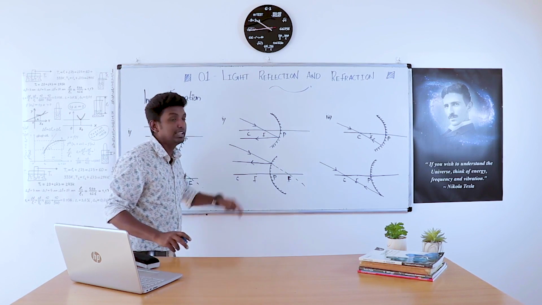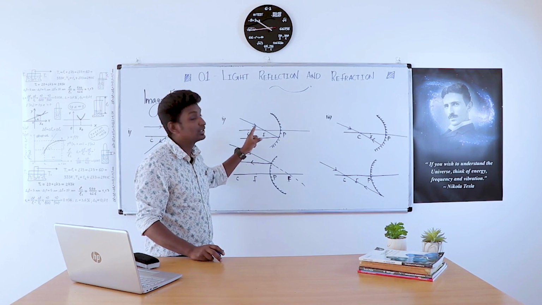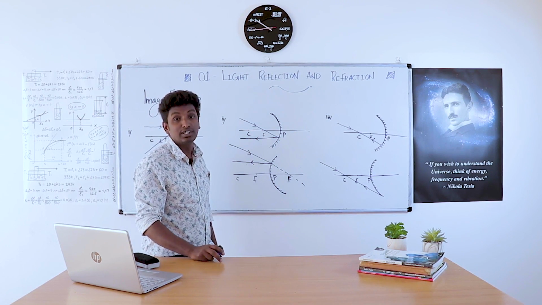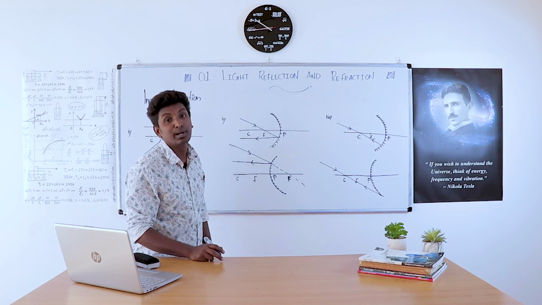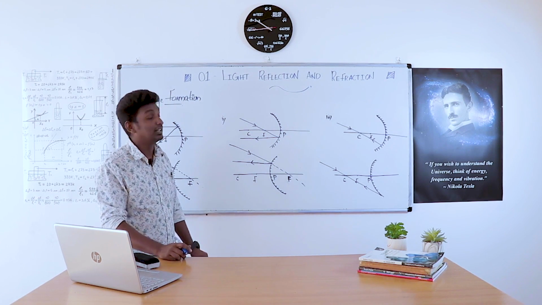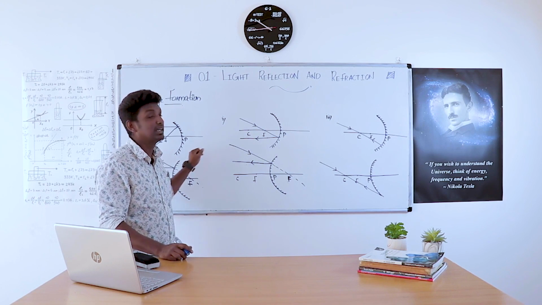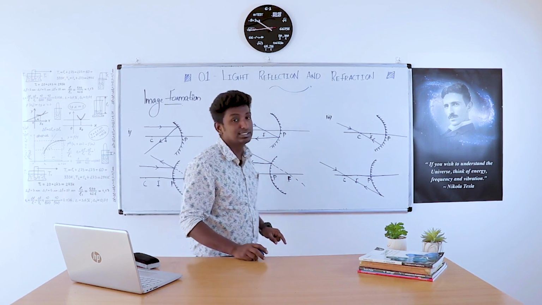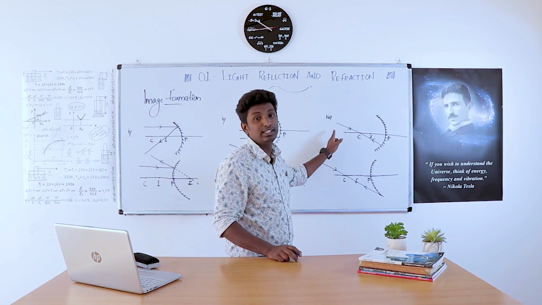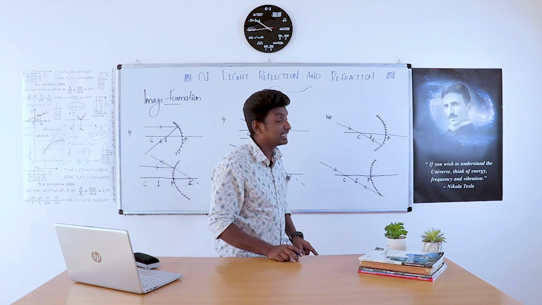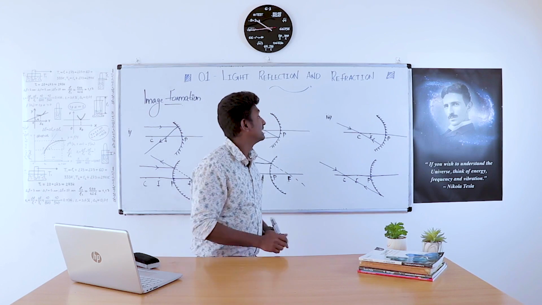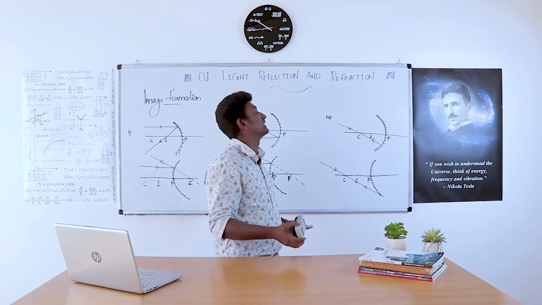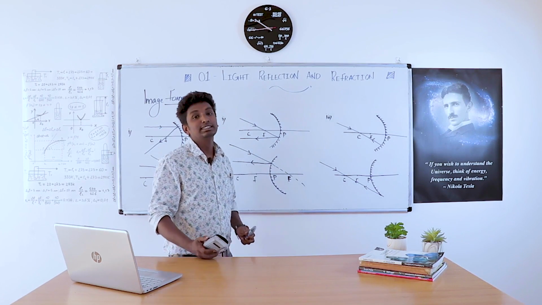Second, when a ray of light comes through focus, after reflection it passes parallel to the principal axis. Third, when a ray of light comes through the center of curvature, after reflection it retraces the same path.